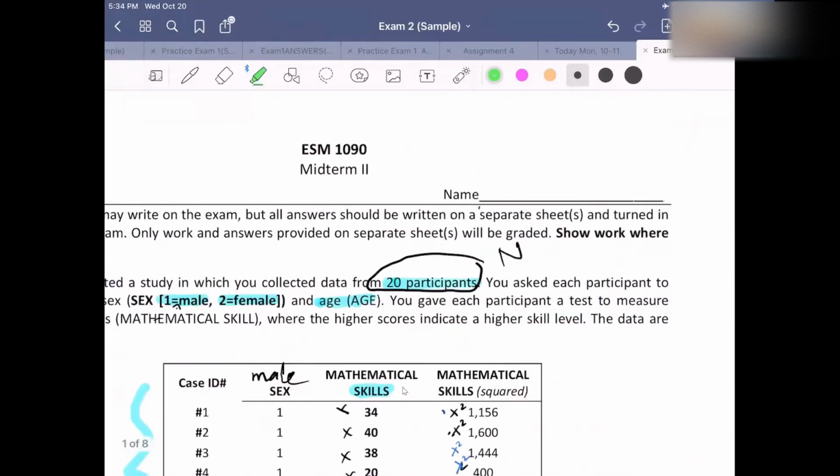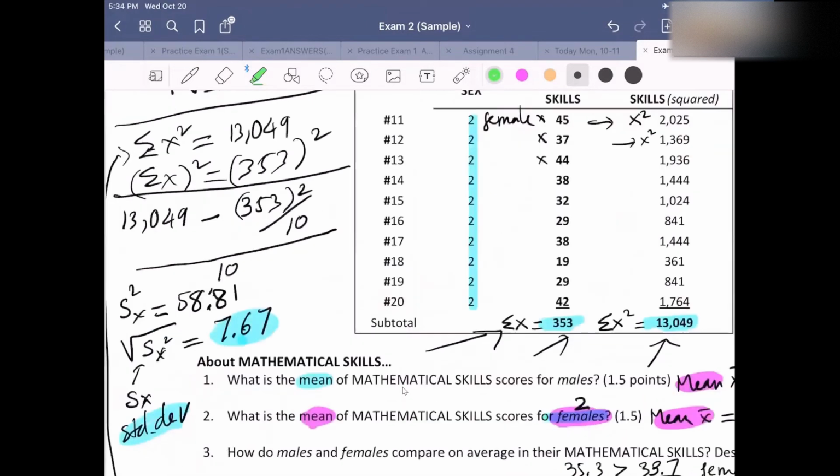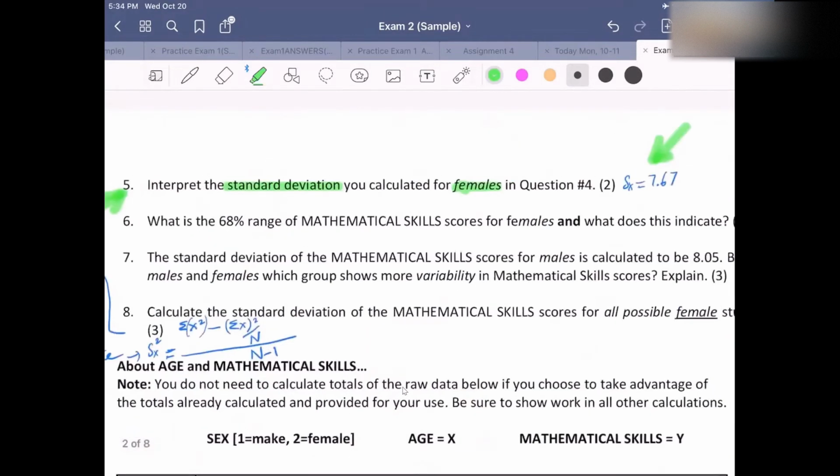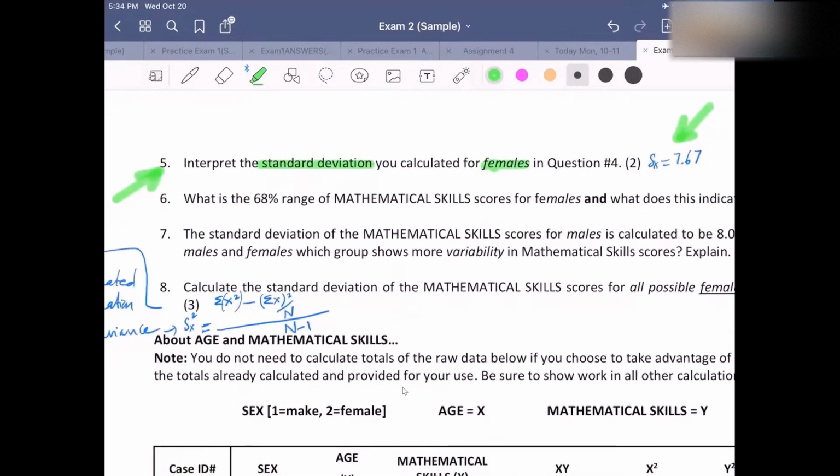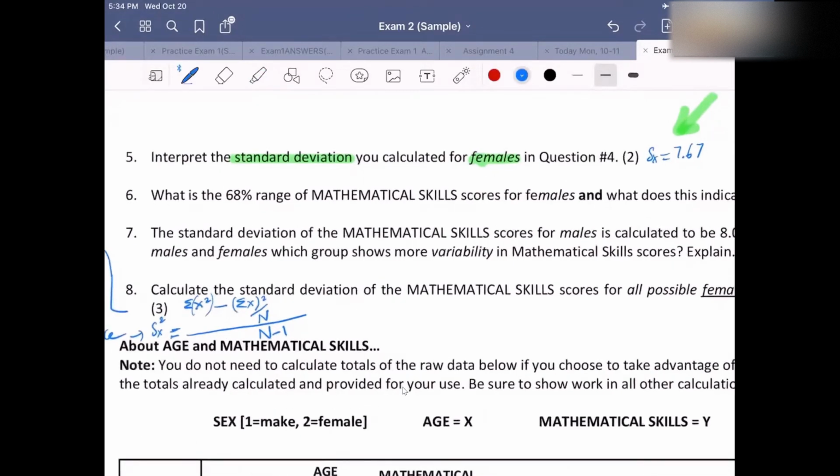What does that mean, the standard deviation of 7.67? Any ideas? All right, so just in case, I'm going to give you 2 more seconds to think about it.